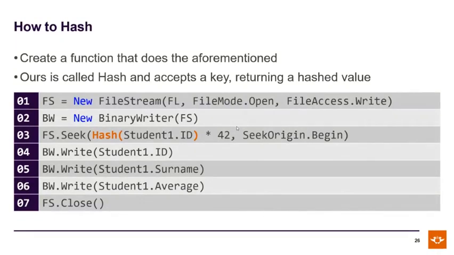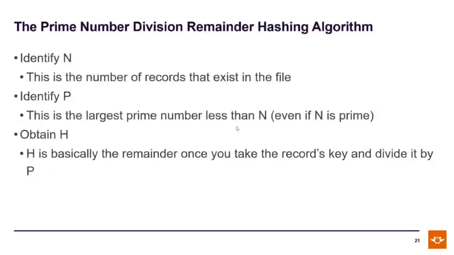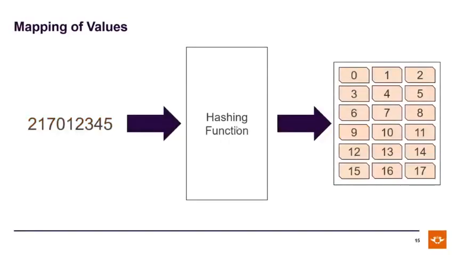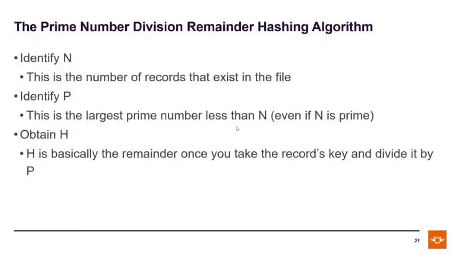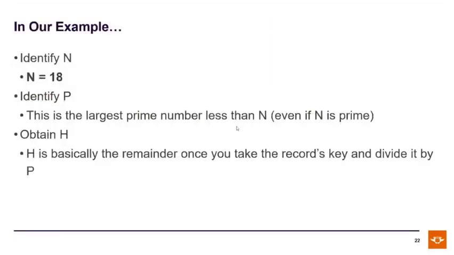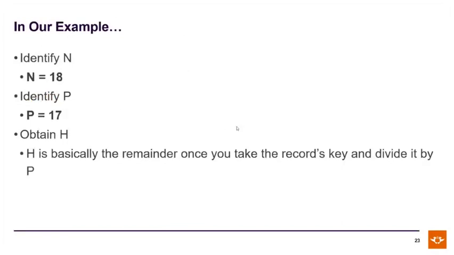We were going to include 17 as the prime number for 17 spaces in the file. If you look at the actual function, here's that function now. If you take 18 spots, as you said, there's 18 spots available. The closest prime number to 18 is 17.